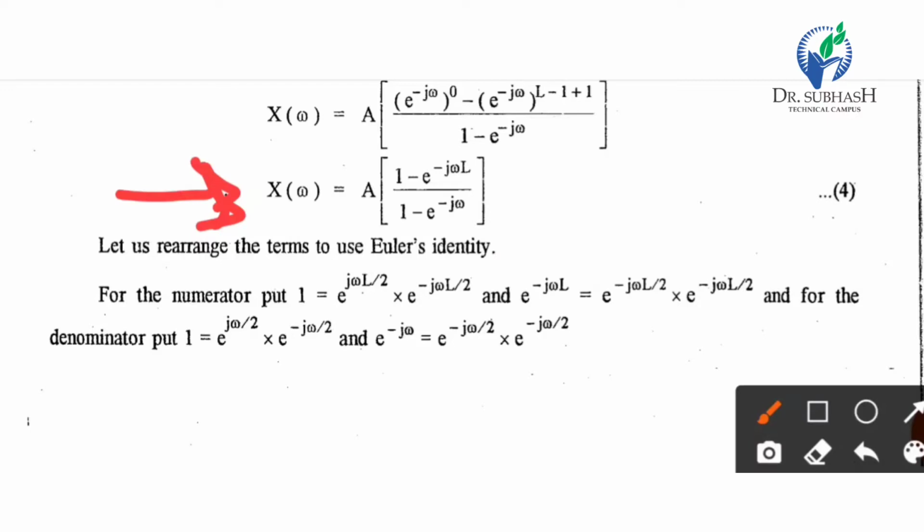Now we have to use Euler's equation. So we convert this equation into the form of Euler's, so we can directly use the mathematical equation. For the numerator, put 1 equal to e raised to j omega L by 2 multiplied by e raised to minus j omega L by 2, so it becomes 1.